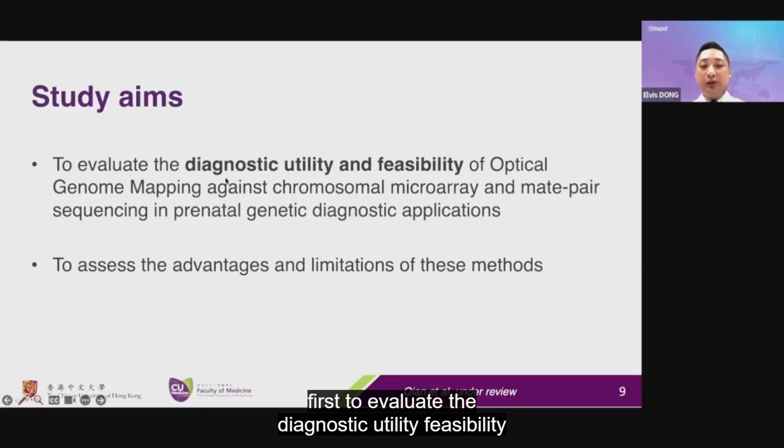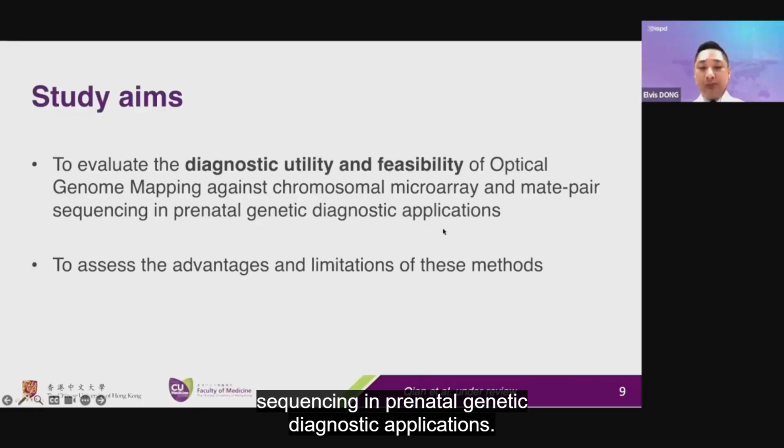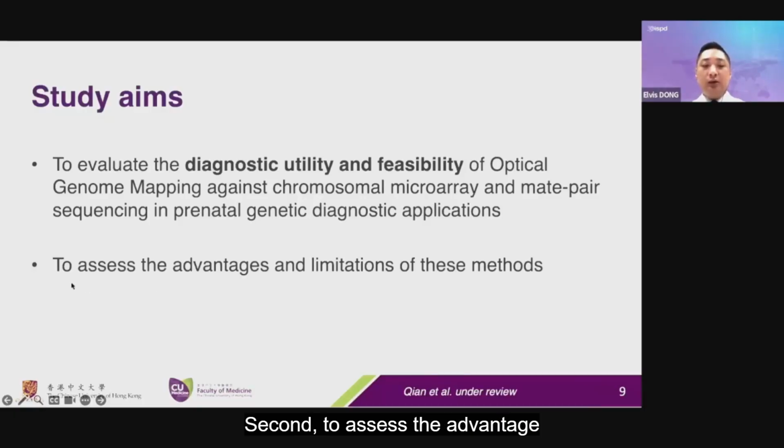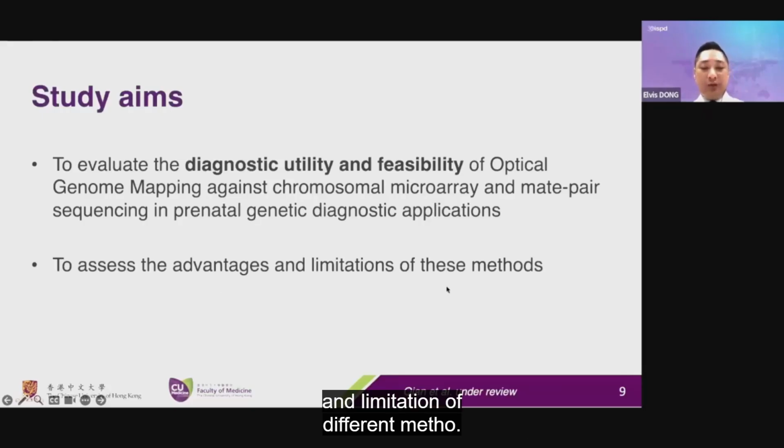First, to evaluate the diagnostic utility and feasibility of OGM against chromosomal microarray and mate-pair sequencing in prenatal genetic diagnostic applications. Second, to assess the advantages and limitations of the different methods.